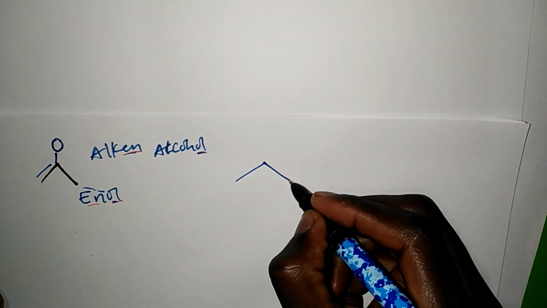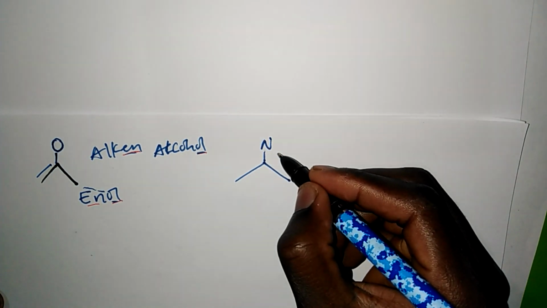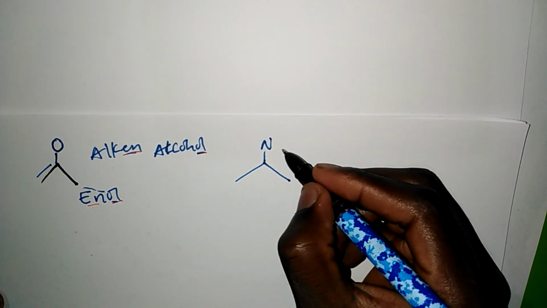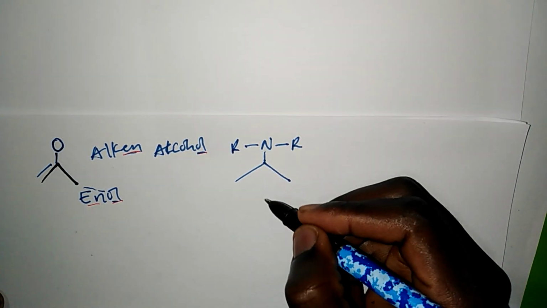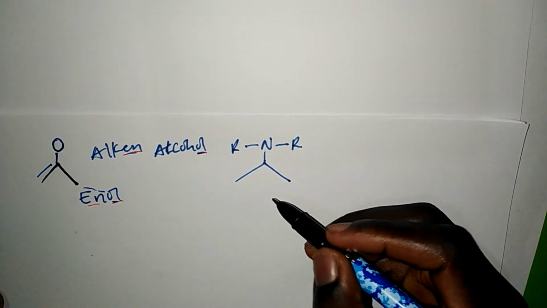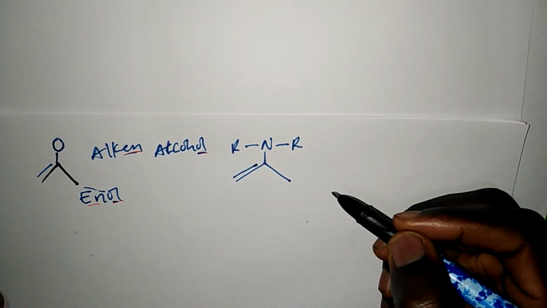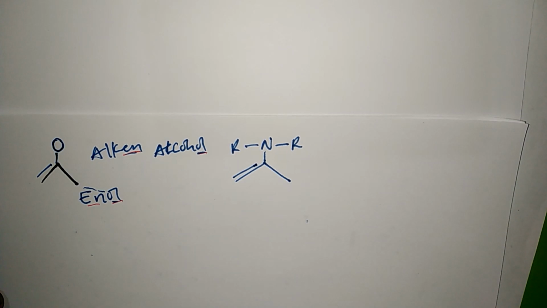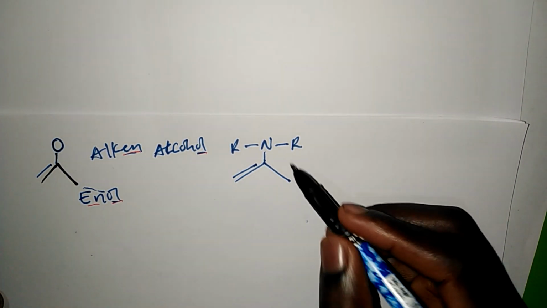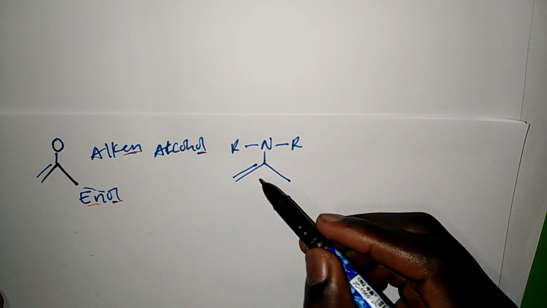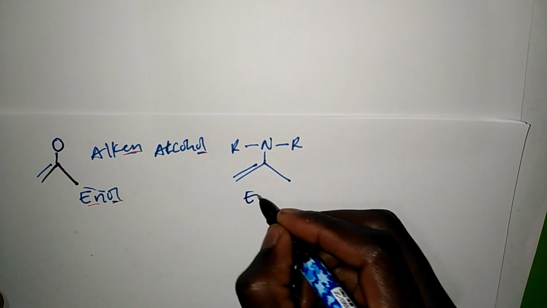And what if we have another functional group such as this particular functional group? We have a nitrogen that is bonded to two R groups. And by the way, even this particular group is also an R group, right? And this particular compound is known as an enamine. Now this En represents what?